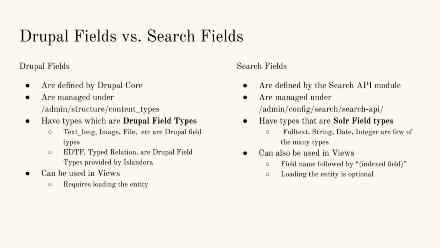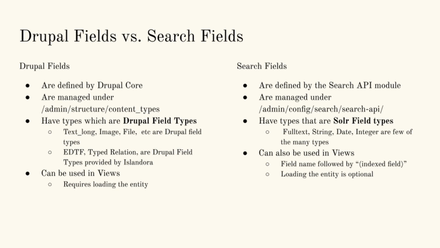So I want to go a little bit, because we talked so much about all these fields that are Drupal fields. I wanted to make it clear that when we're talking about search fields, this is a separate beast altogether. You make your Drupal fields, and then you could potentially make equivalent search fields for each of them, but you don't have to, and they work differently and they have different types.